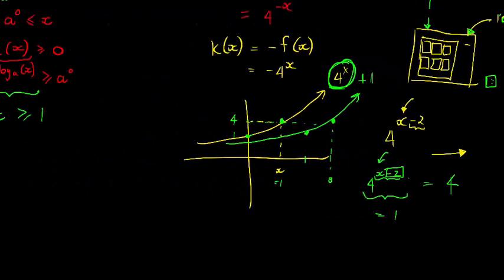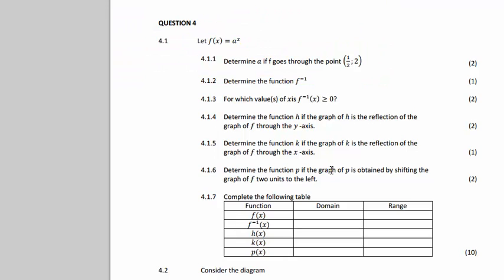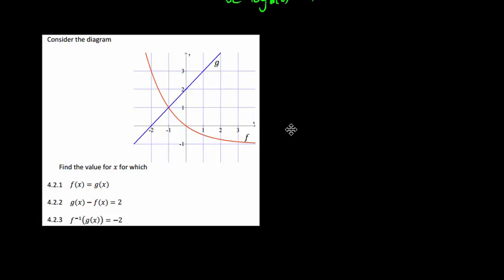Great. Let's just quickly look at the second part of this question. This was a fun question to set. So what does this mean? Find the x values for which this is true. That means that the function f(x) equals g(x).